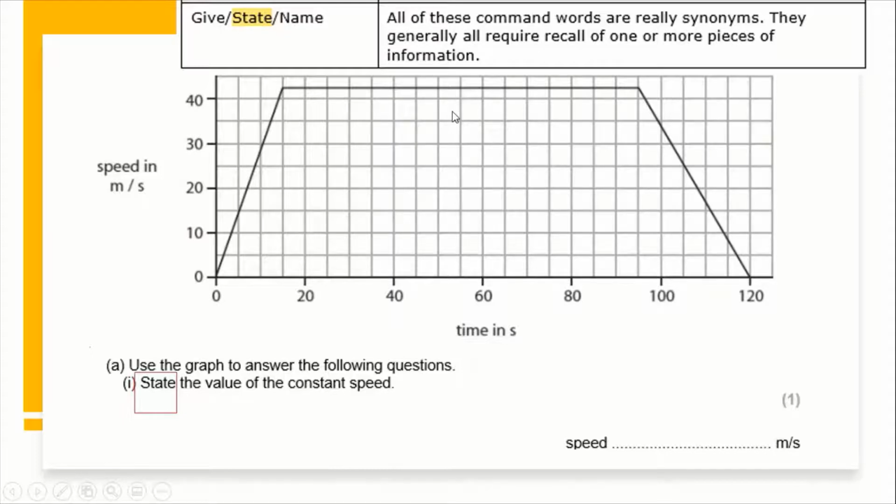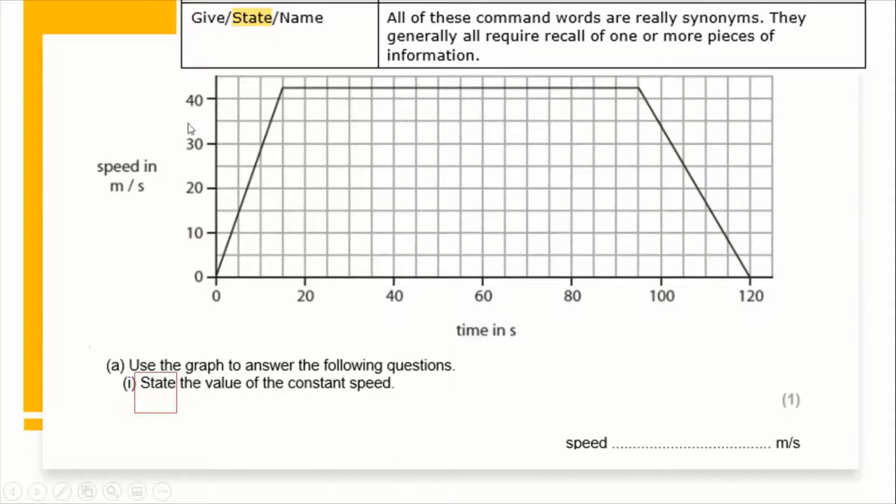How do you identify the value? You need to use the graph for that. So when you look at the graph, constant speed is higher than 40. It is higher than 40. But you are not able to exactly find the value. But you need to judge it based on the scale.